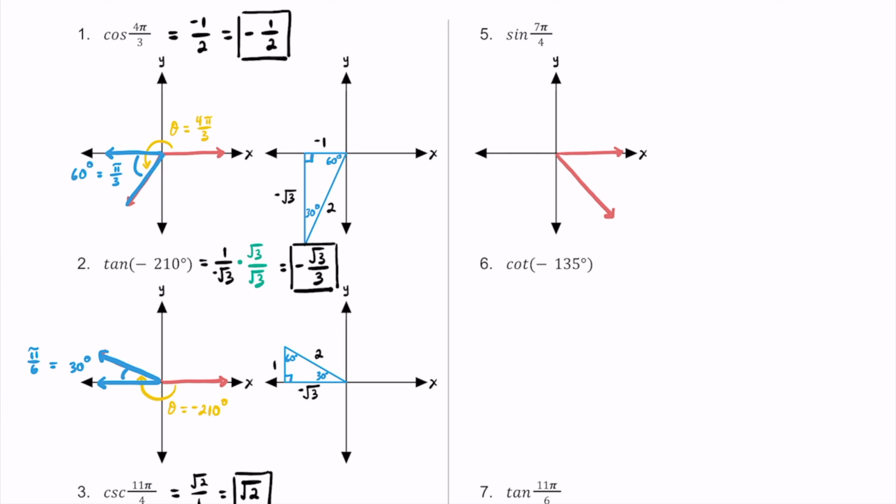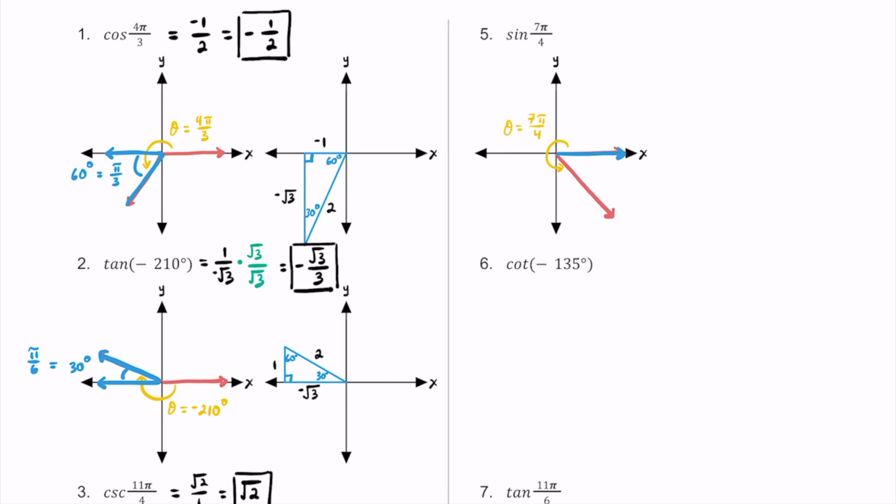Okay, so if we're going to go ahead and see where that 7 pi over 4 is, that is in this direction, where theta is 7 pi over 4, which is just a quarter shy of a full circle here, so that's 315 degrees. Now what about the reference angle? The reference angle is going to be located over here.